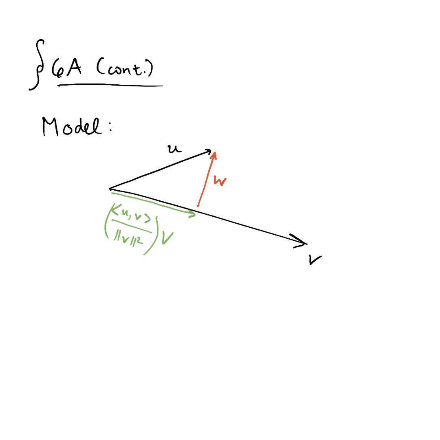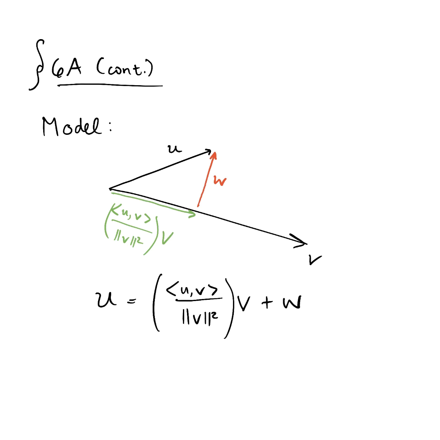And so what we've done here is we've taken u and expressed it as a sum. We've decomposed it, broken it down into a sum where u equals the green thing, inner product uv over norm v squared, all times v, plus w.